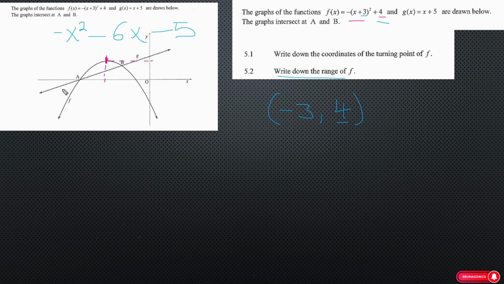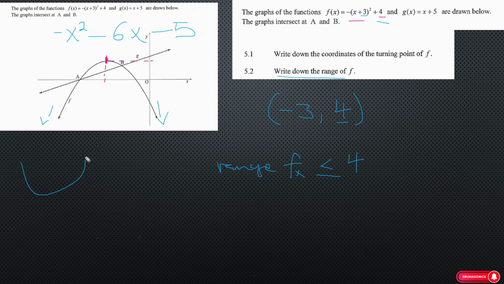So if you see a graph like this going down, decrementing in a way, it means that your range of f will definitely be something like this. So f of x is less than or equal to 4, right? The reason why we are using less than or equal to is just because the graph is actually going down.